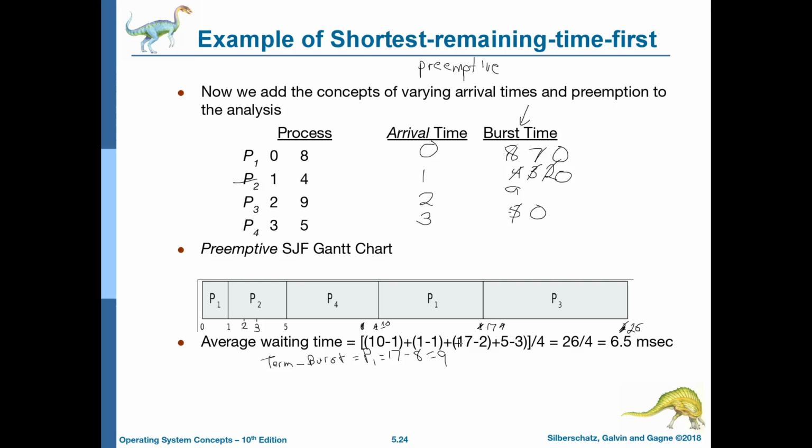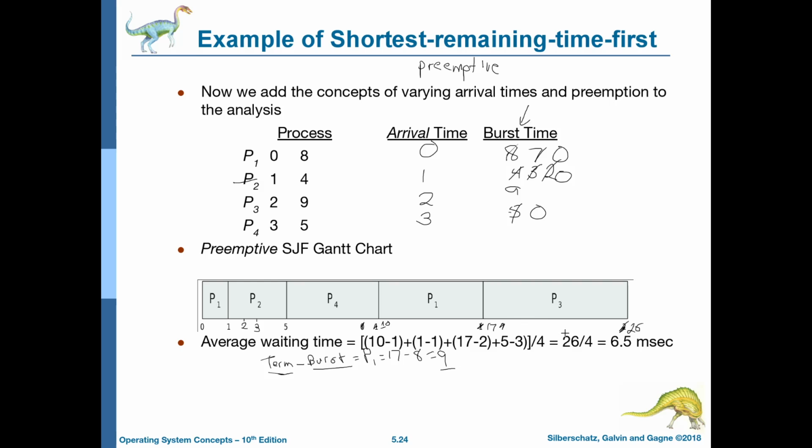So while this representation here is accurate, it's hard to calculate because process 1 might get interrupted several times. If we just simply take the termination time of the process minus the burst time, we can get an accurate wait time.